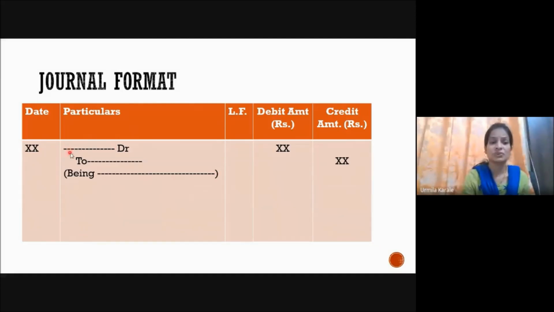Now, you can see first we are writing the debit effect. Whichever account you have debited, in the debit column you write the amount which you are debiting. In the same way, on the next line, we are writing the account which is going to get credited. How much is the amount which you are going to credit? That is shown in the credit column. You can see here I haven't written anything there; only in the debit column I have mentioned the amount. Here, since the account got credited, the amount by which it is credited is shown in the credit column.